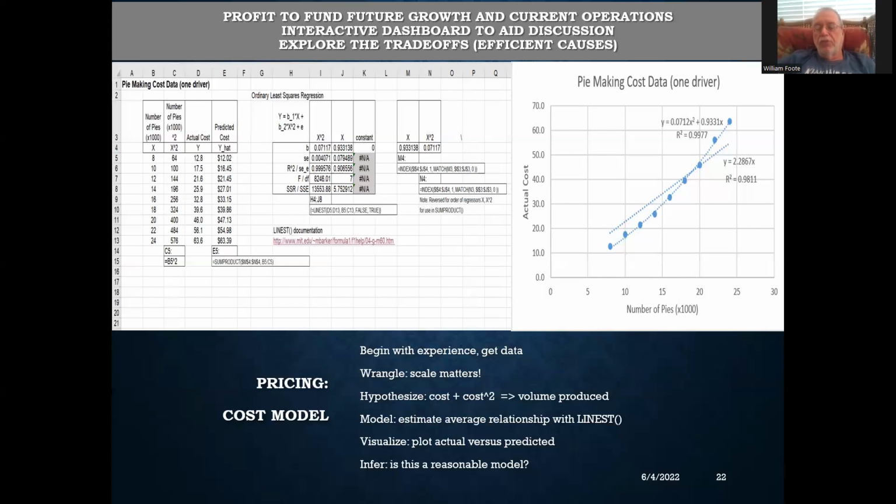We can also run this the other way around. If volume produced, and where would that come from? See, I was just thinking pure cost model here. Where would that come from? If my goal is just cost, vertical axis, number of pies is the volume. I flipped that arrow around to make it volume produced implies cost.